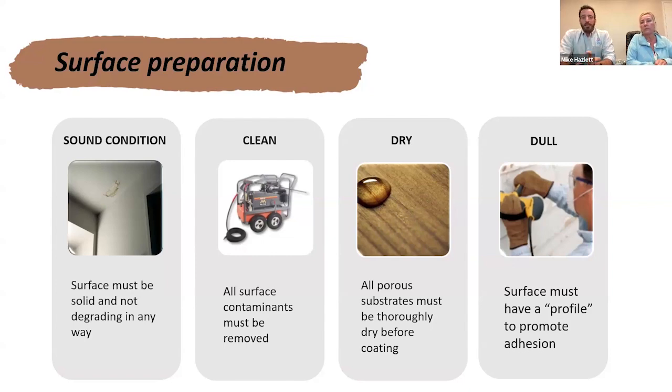Let's first make sure it's not crumbling or cracking, or there are no major defects there. And typically from there, we just want to make sure that it's clean. So no oil, grease, sand, dirt, all that can be easily removed. Pressure washing, or it could be mild surface cleaners, different projects, different processes.